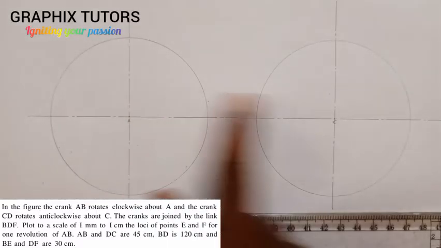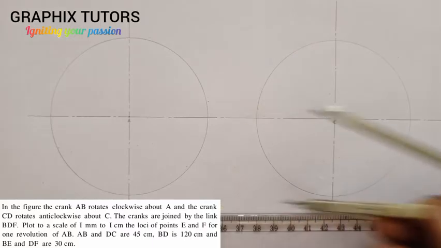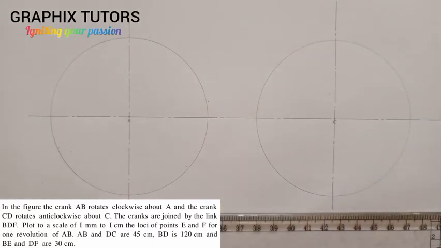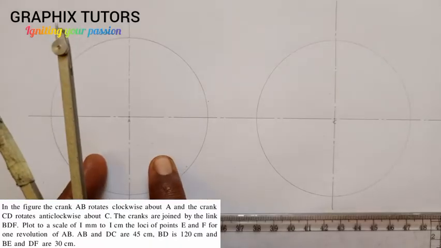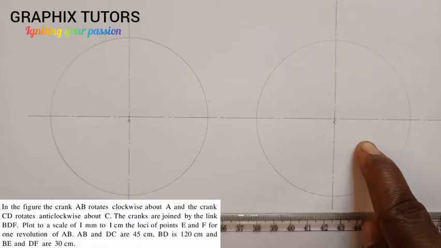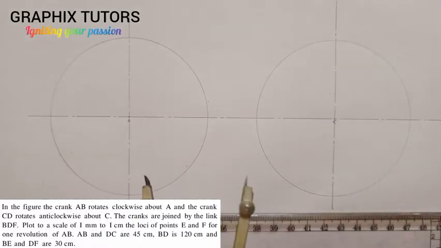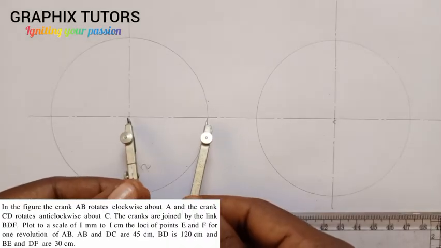Now the next thing is I'm going to divide two of the circles into 12. I can either use my compass or my set square. But for the benefit of knowledge, I'll use my compass for the first circle and I'll use my set square for the second circle, so you can know the two processes. Now the first method is to use my compass.